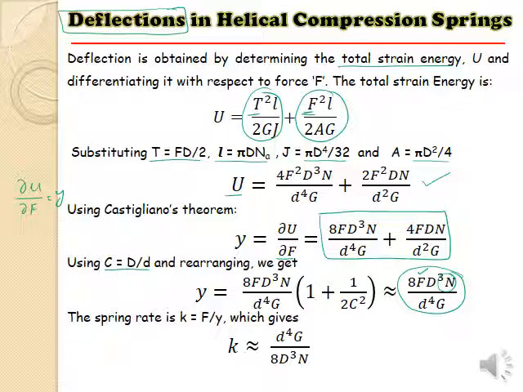Now, one interesting thing from this, F is here, y is here. If I take F over y, what am I going to get? I'm going to get the spring rate of the spring, which is small d raised to the power 4 times shear modulus divided by 8 times coil diameter raised to the power 3 times the number of coils.